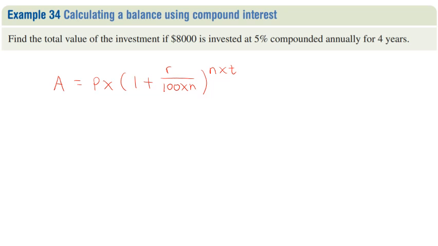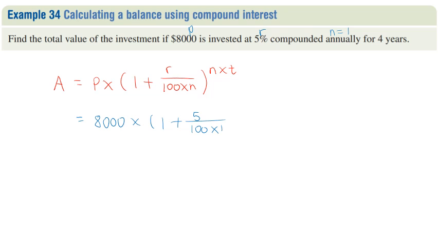Now I'm going to substitute in these values from the question. I'm trying to figure out what A is. P is the principal, so that's 8,000, times 1 plus, so my rate is 5%, so 5 over 100 times N. N is how many times it's compounded, and because it's annually, N equals 1.